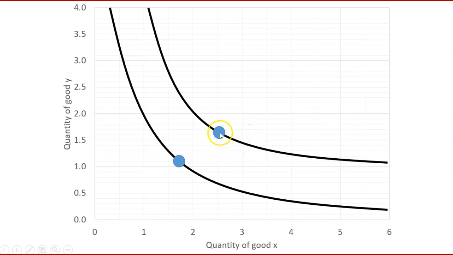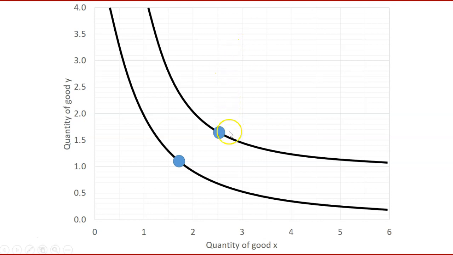Now what's interesting about this, and I use the term interesting loosely, is that if we take this point on this higher indifference curve, we can see that the person would be consuming more y and more x than they would be at this point on this lower indifference curve. Now, since we're assuming that our consumers like both of these products, they would prefer more of both.